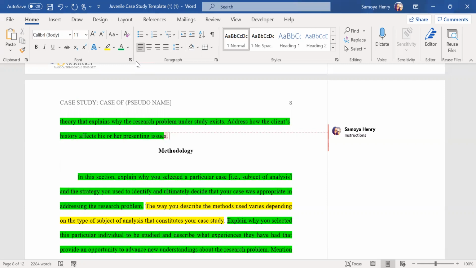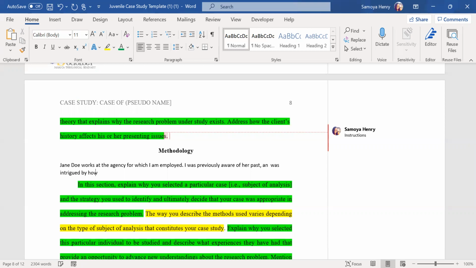And I asked Jane permission to be able to interview her for this. Simply state that Jane Doe works at the same agency for which I am employed. I was previously aware of her past and was intrigued by how far she has come, right?